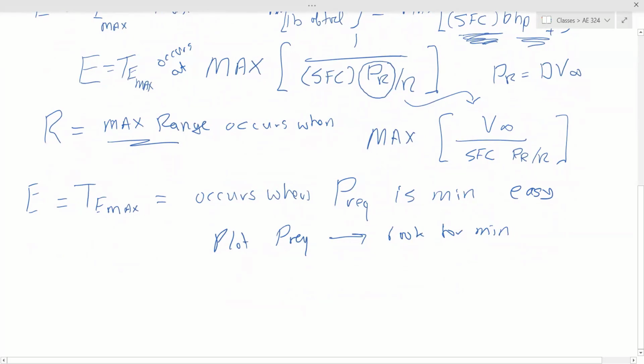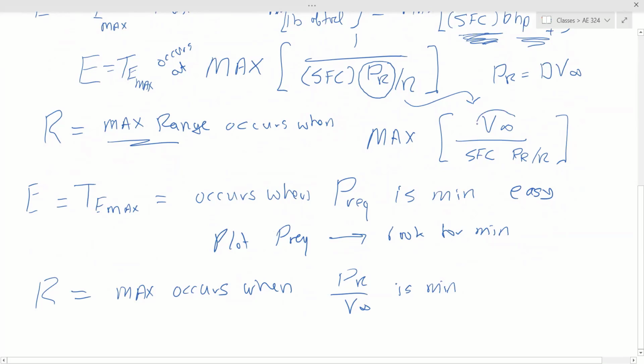And then how about the range? The max range occurs when the power required divided by V infinity is a minimum.